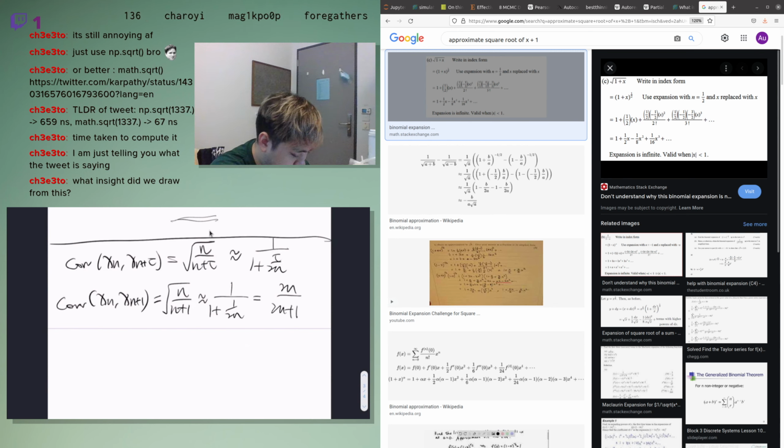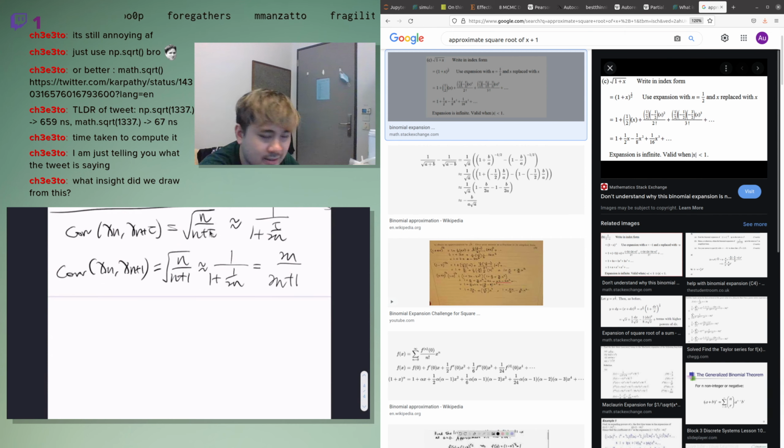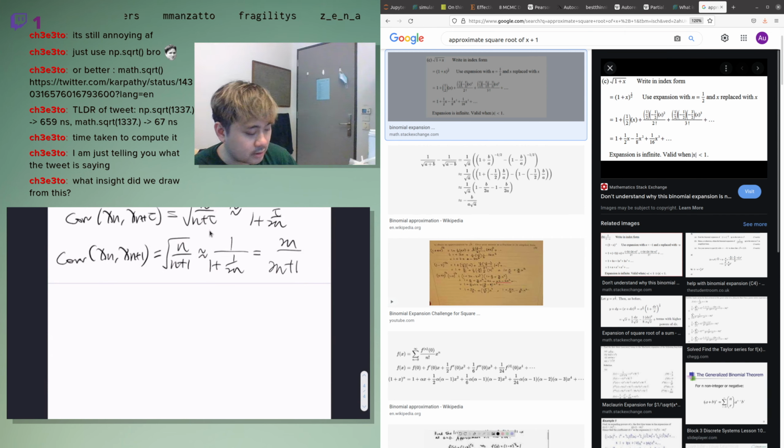I'm expecting some different insight, but right now what this is telling me is that if you have a process, I guess now I have a little bit of a paradox. So in this case, the process is described by this.